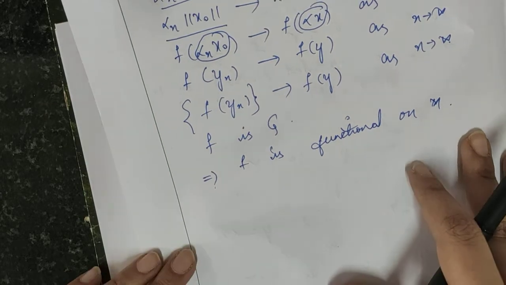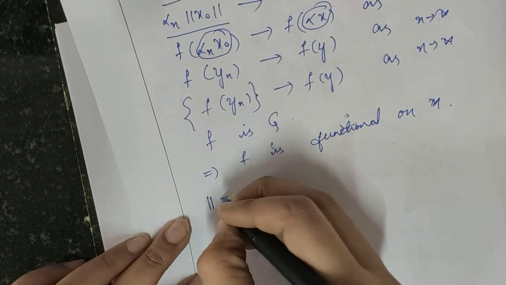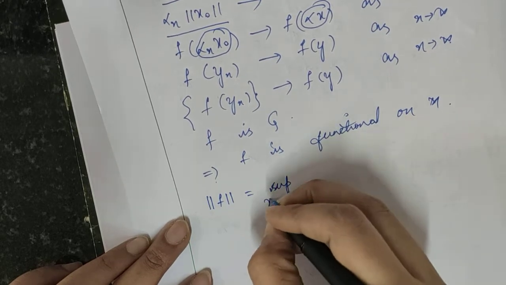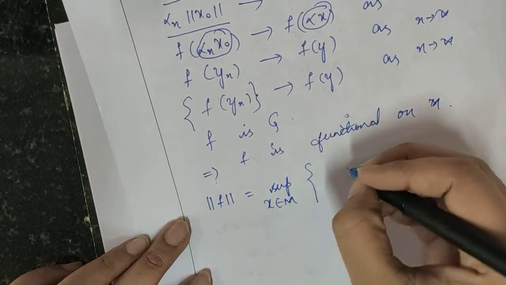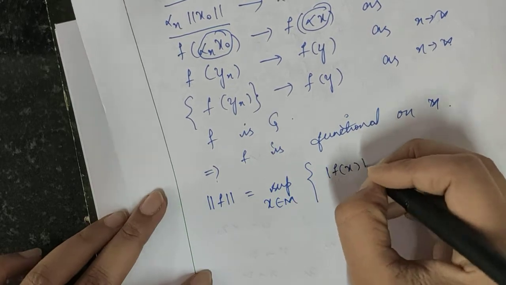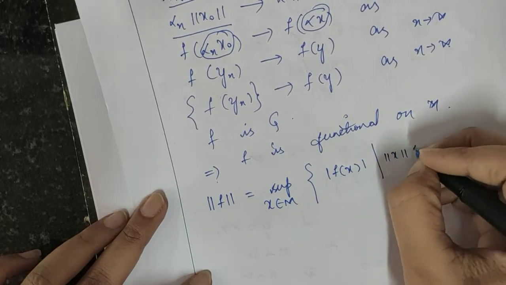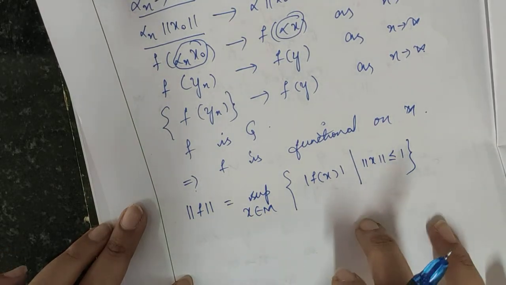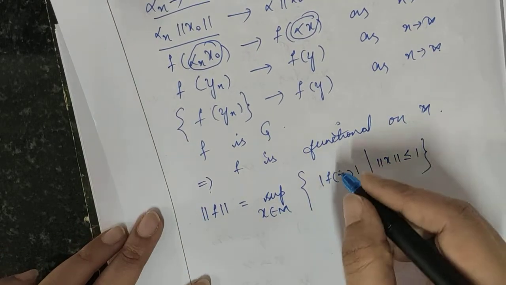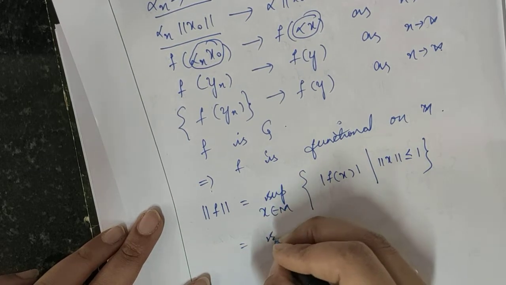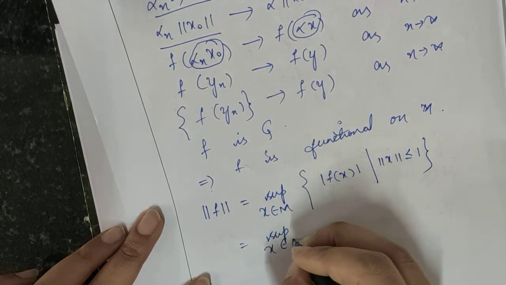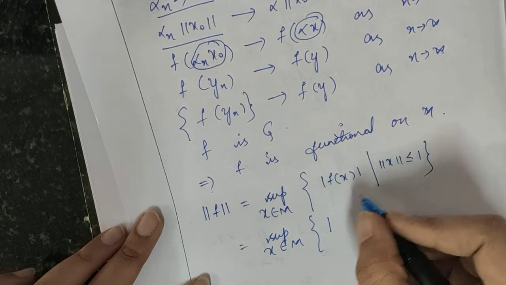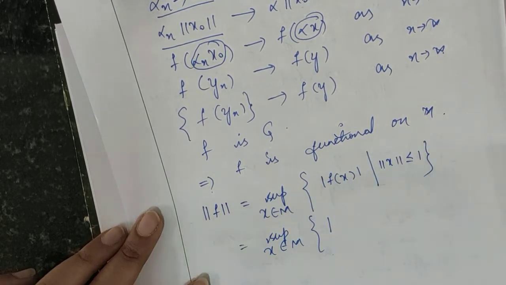For that again let's define our norm f first. So norm f will be equal to supremum of x belongs to M, mod f of x such that norm x is less than or equal to 1. We have seen this. This is how we define our norm f, right? Again substitute the values. So this will be equal to supremum of x belongs to M, and this is not x here, we have defined our space M in the form of alpha x naught.